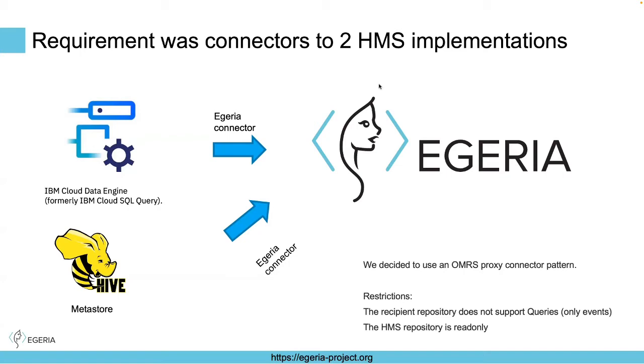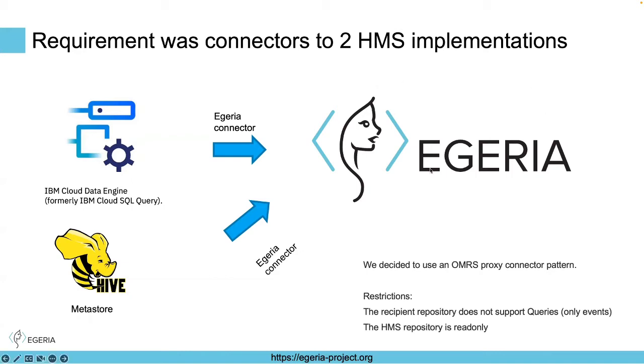And there are many other implementations out there that seem to expose this API. So we thought if we can get a connector that works for Hive metastore APIs, we can at least use that pattern, if not the connector itself, to talk to these other implementations.